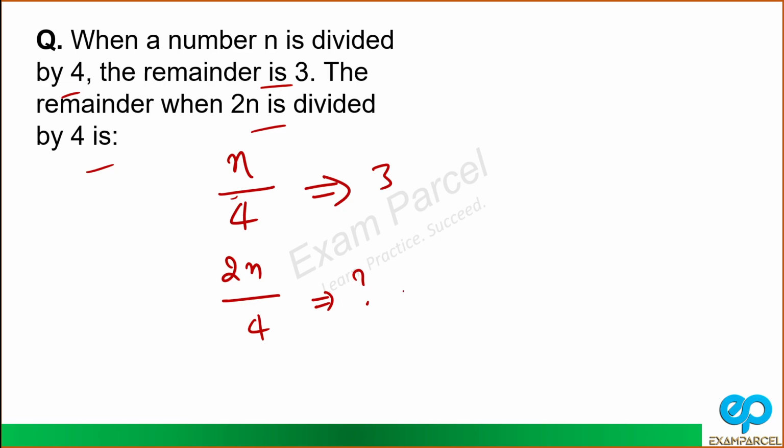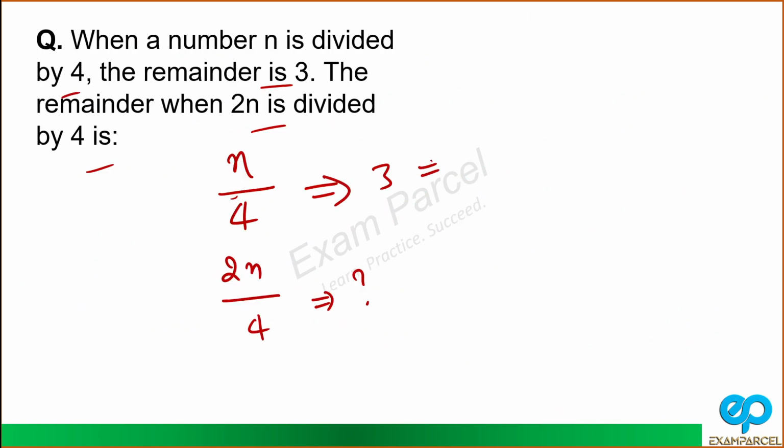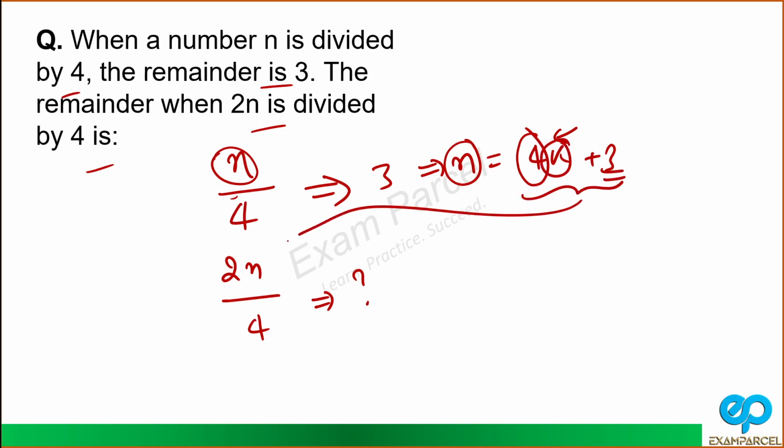Now using this dividend definition, can I rewrite this n as 4k plus 3, right? So my number, or you can say my dividend, is equal to divisor into some quotient, let's say k, plus remainder, right? Now what I will do is plug this value here.